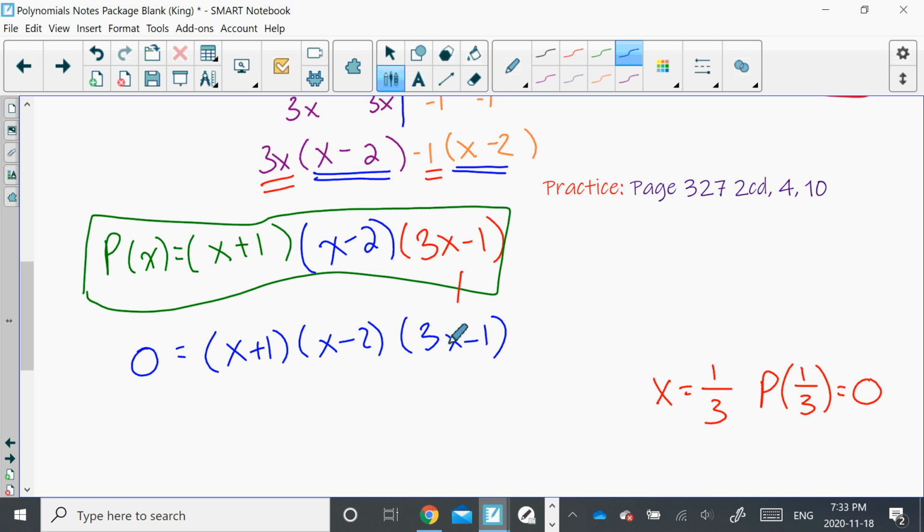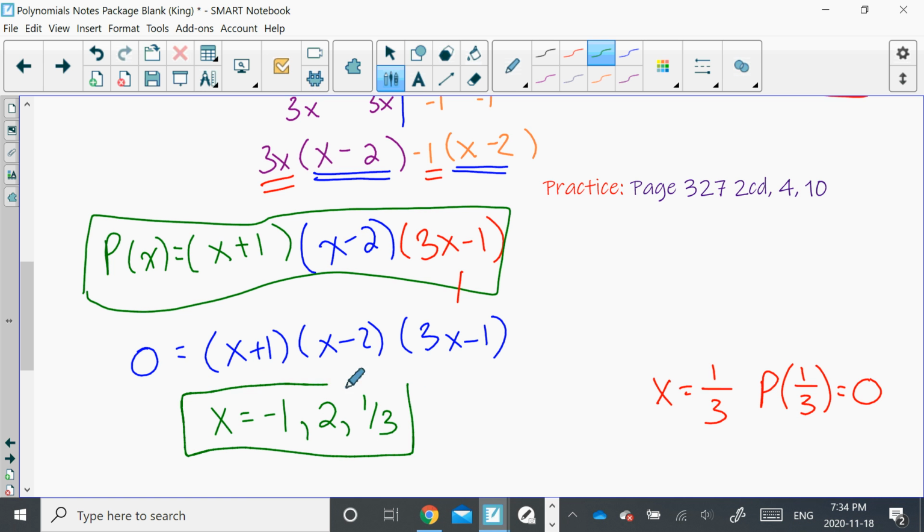So when you're solving, you're going to be equating each factor equal to 0. Now, I need to see this step, and then from here, you could tell me what all of your x-intercepts are. So this x-intercept or this 0 would be at -1. This x-intercept would be at 2, and this x-intercept would be at 1/3. And this would be your answer for solving.